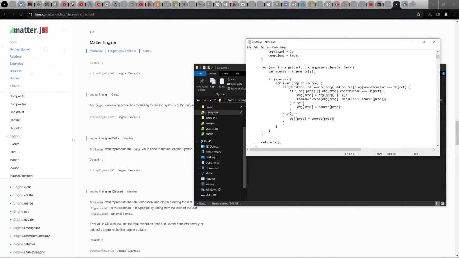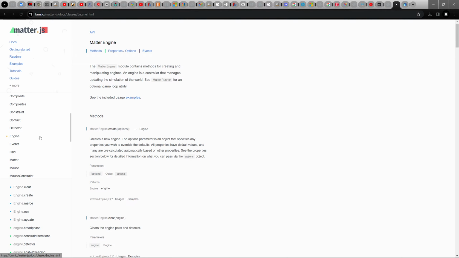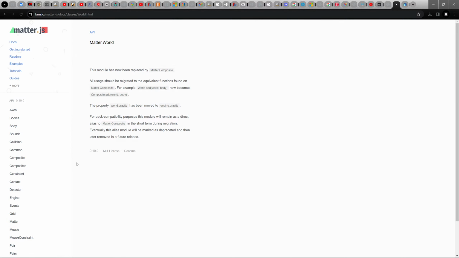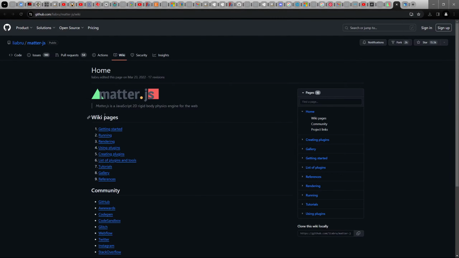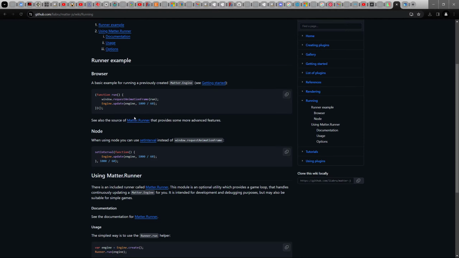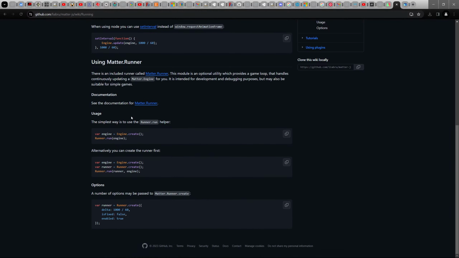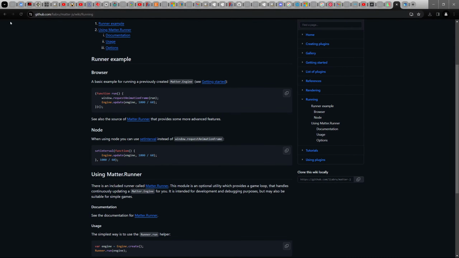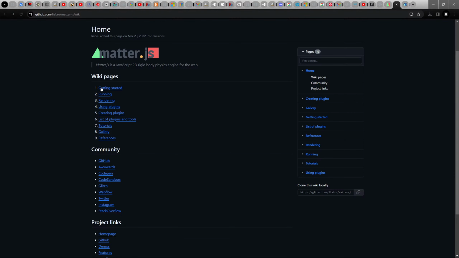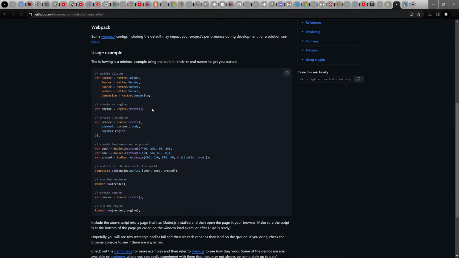Extend, events, and creating events, mouse, constraint, world, composite, guides, getting started, wiki pages, running. Minimal example, built-in render, run.